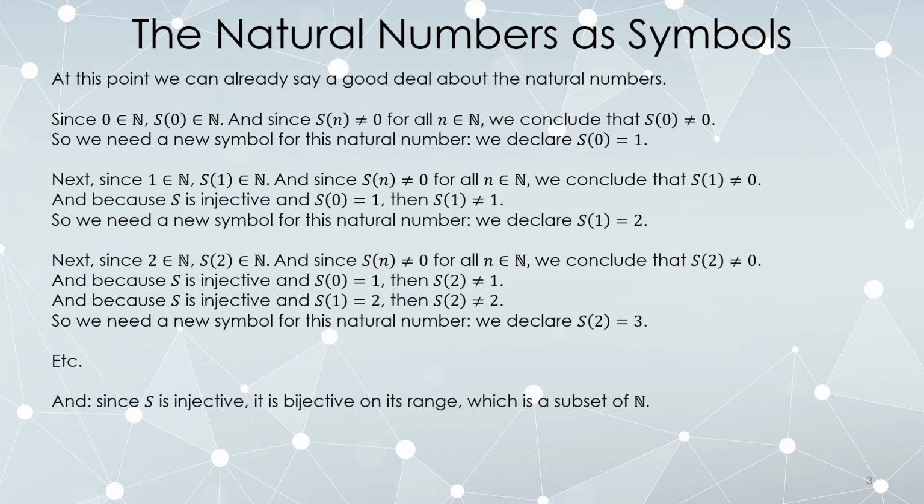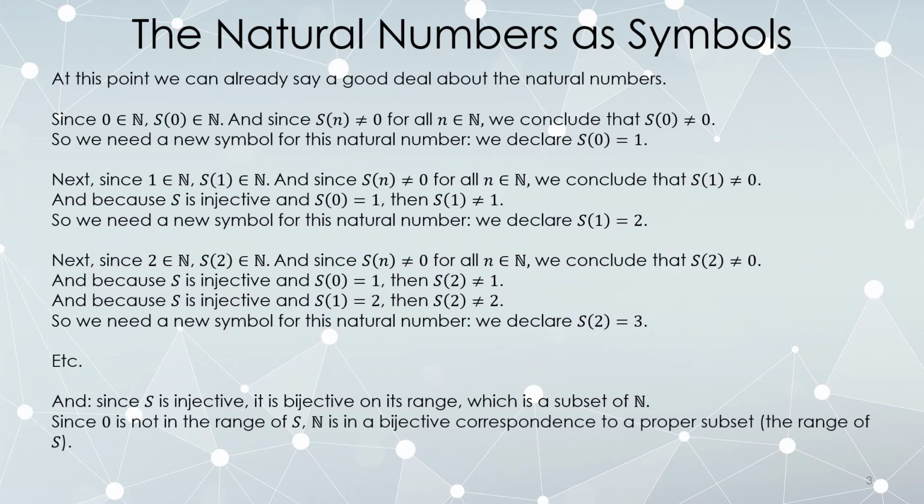Okay, so since S is injective, it is bijective onto its range, which is a subset of the natural numbers. That was part of how it was defined. It's injective, which means it's bijective onto its range. 0 is not in the range of the successor function. Okay, this was one of our axioms.